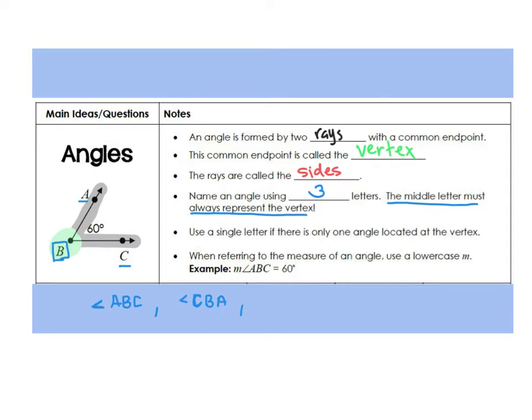And I can also call it, believe it or not, angle B. This last one is one of the tricky ones, because sometimes it's okay to call it angle B, and sometimes it's not okay. I'll show you with a future slide why it is not okay to call it angle B. Notice that for the other two, B is in the middle because that's my vertex. That is the middle letter.